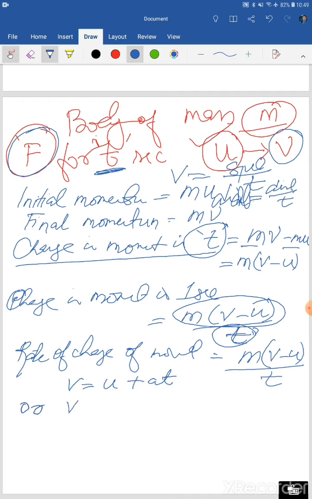Now you know that 1 Newton is nothing but 1 kilogram into 1 meter per second square. So here 1 kg means how many grams?